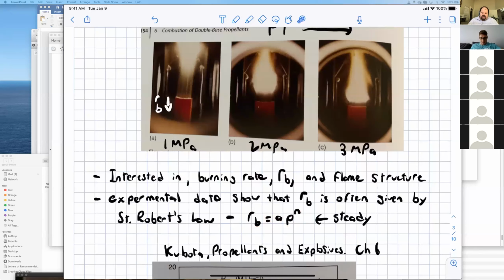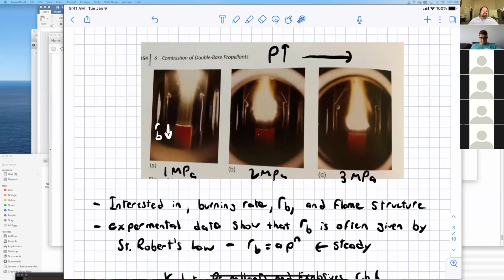What you're interested in for a propellant system, whether it's a gun or a rocket or some sort of pyrotechnic, like if you shoot off fireworks on the 4th of July, is that you are burning some sort of black powder energetic material, like the booster charges, where you have a tube, you drop the thing in, you light it, and it goes shooting out and disperses little things that blow up and make colors.